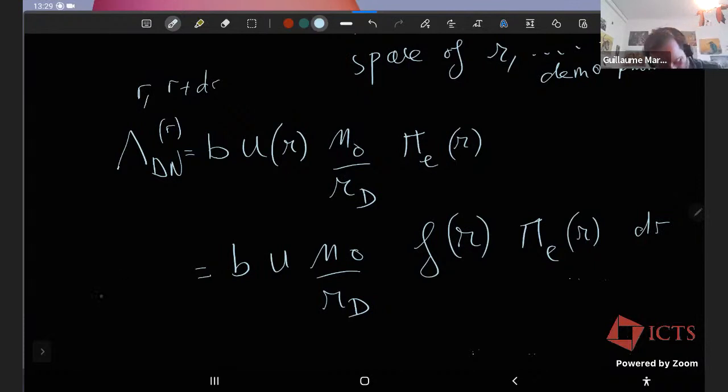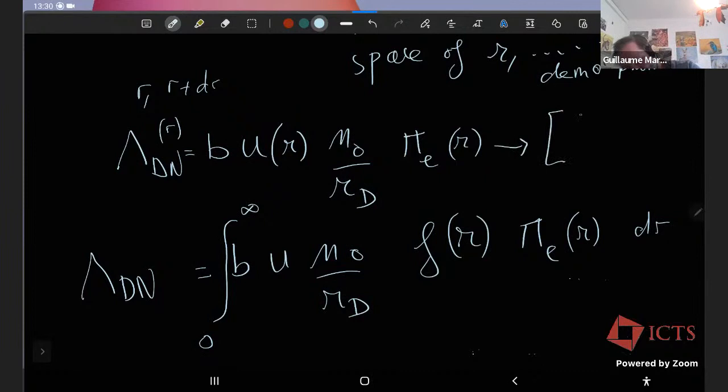So the overall rate of rescue, because of the Poisson that we've seen on spatial Poisson, is exactly the same, but it's just integrated from 0 to infinity over the distribution of R. I've put it from 0 to infinity because this thing has some value, but it's always 0 when R equals 0.